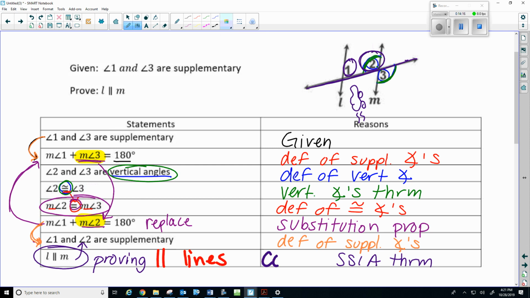So we're dealing with the converse of same side interior angles theorem. And I know that in my class I stressed that with the other notes, that if we are proving parallel lines, we are going to be dealing with the converse, because the converse states that if we have two lines cut by a transversal forming two same side interior angles that are supplementary, then we have parallel lines.